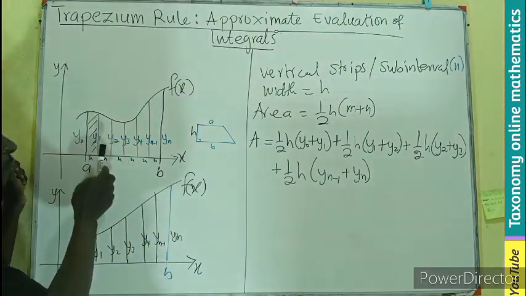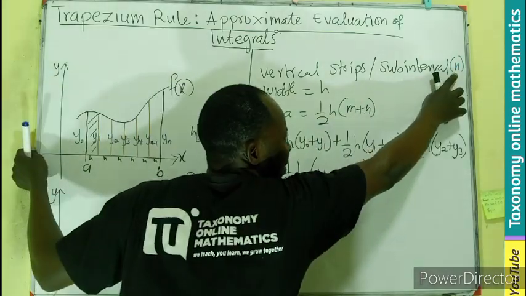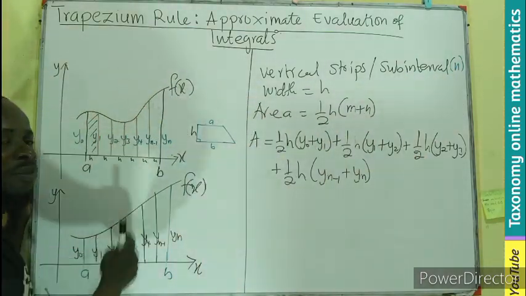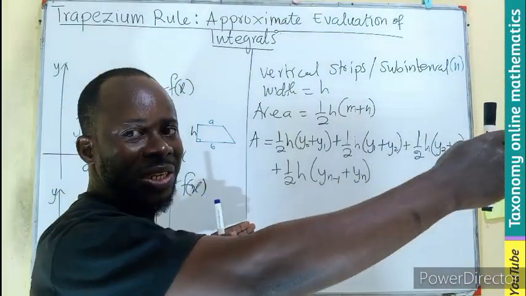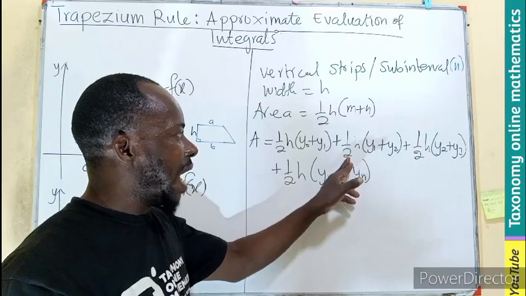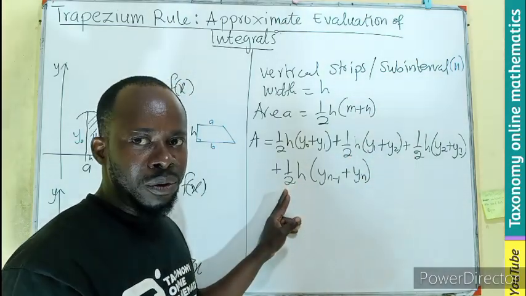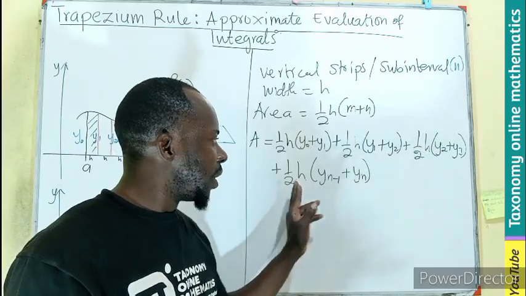So the area of the number of stripes you have. Don't forget the n stands for the sub-intervals, the number of stripes that you are having. Alright. So if you look through, since it is an addition and each is a multiplication, half is common. So factorization. h is common.